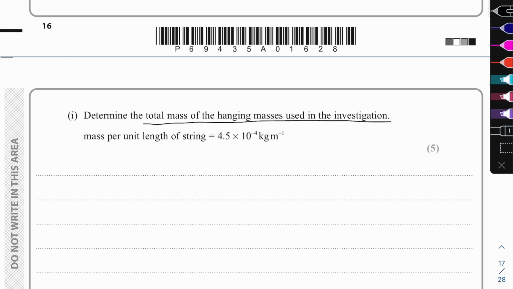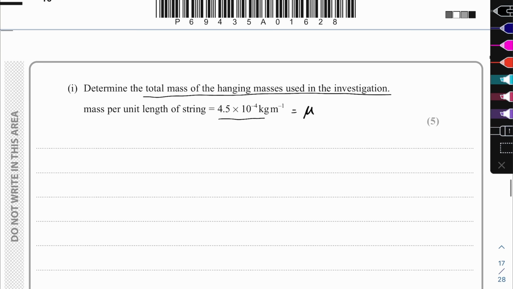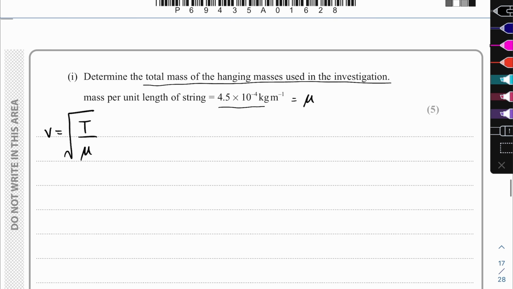Mass per unit length is given to us. Because they've given us mass per unit length, we can use the formula at the end of this paper, which is v equals square root of T over mass per unit length. So we need to use this to find the total mass.